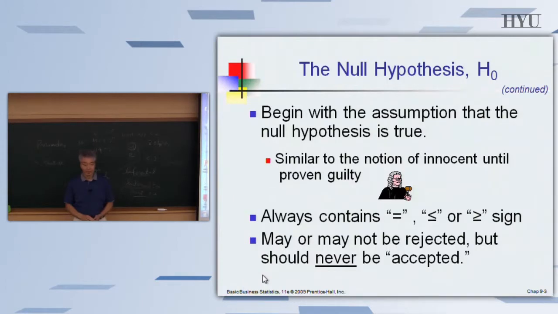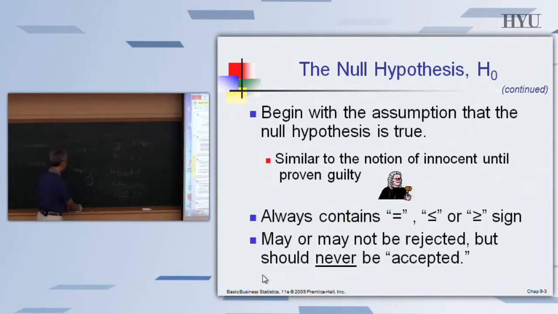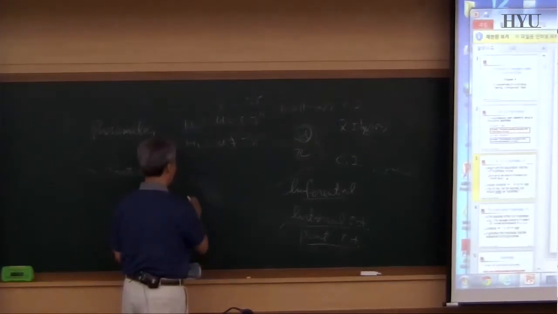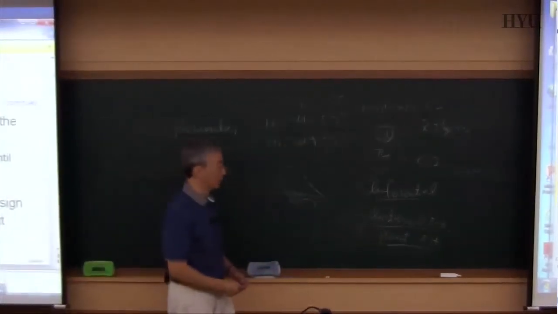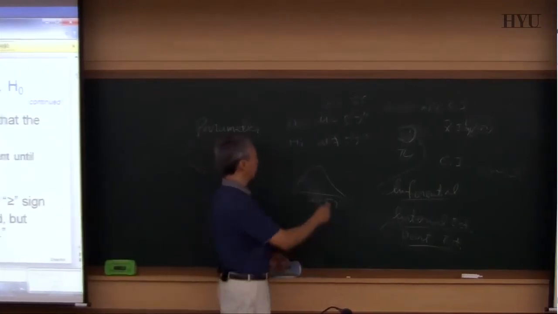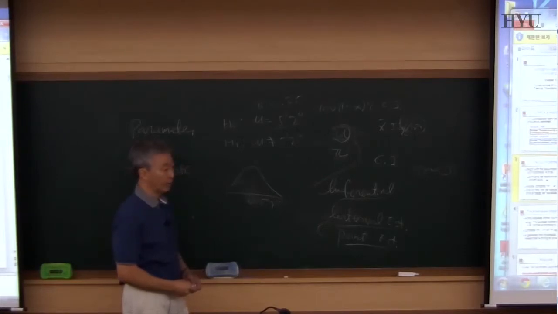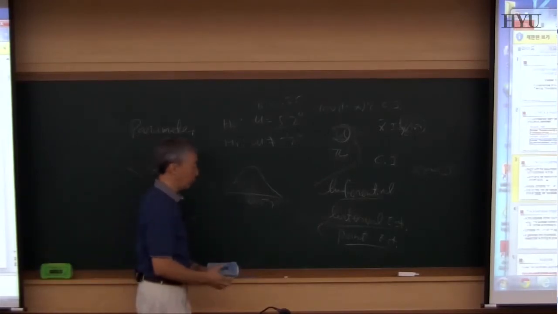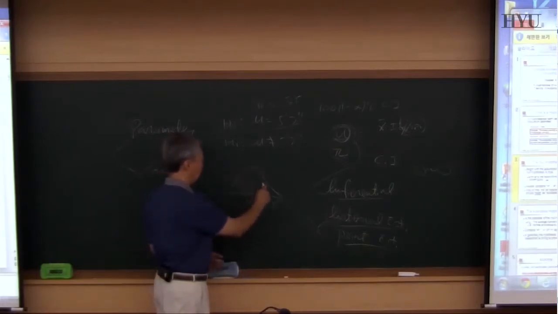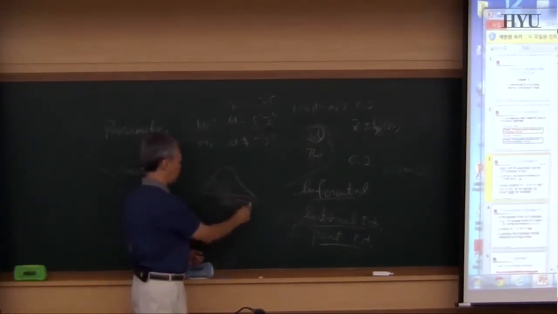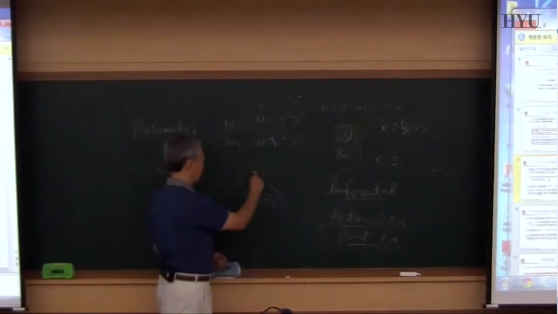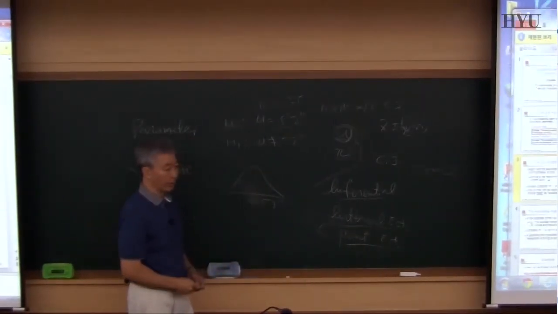So the entire test is run with, say, mu is 5.7. What this means is, if the null hypothesis claims the average height is 5 foot 7 inches, then we are assuming that, of course, there will be some short people and tall people, but the distribution is centered at that number, 5 foot 7 inches.